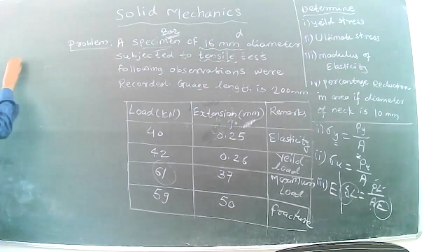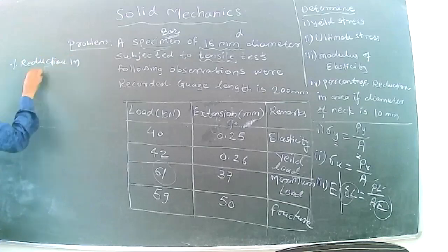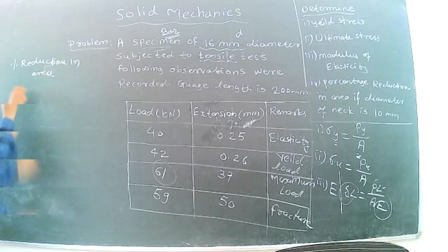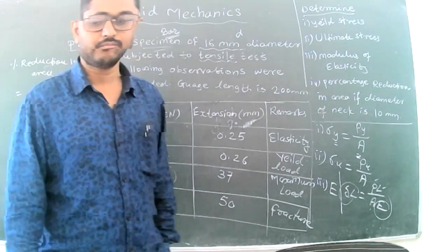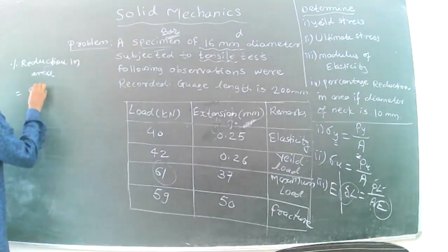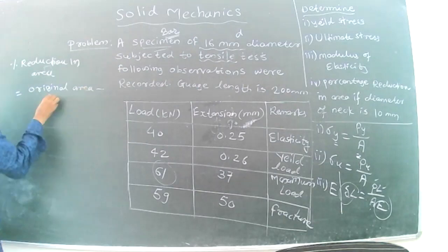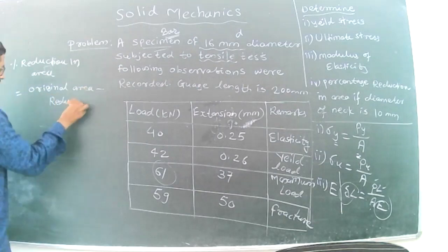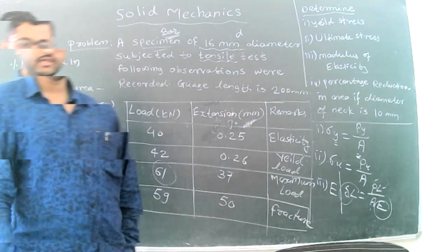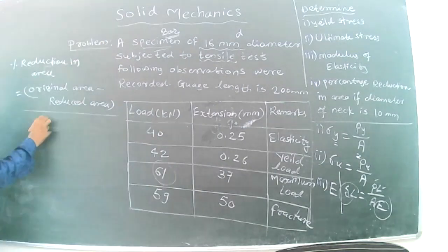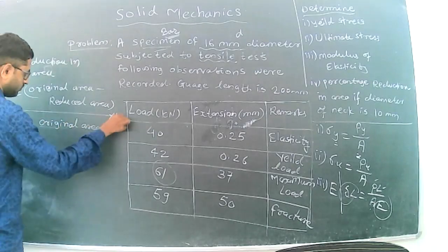The formula for percentage reduction in area is: original area minus reduced area, divided by original area, into 100.